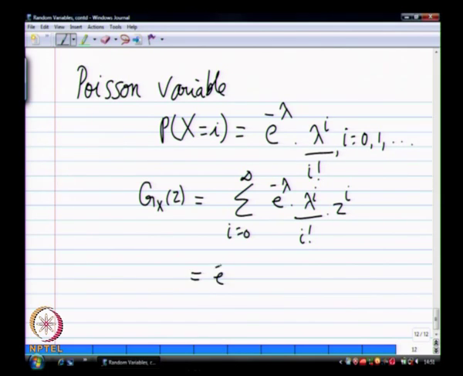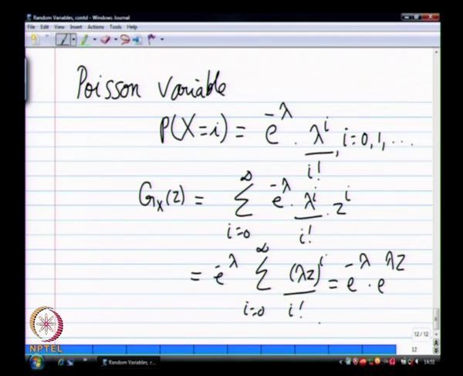So we can extract e to the power minus lambda out, and then what do I have, lambda z to the i divided by i factorial, i equals 0 to infinity. That is simple enough. So what is this right side of the term equal to? e to the power lambda z.